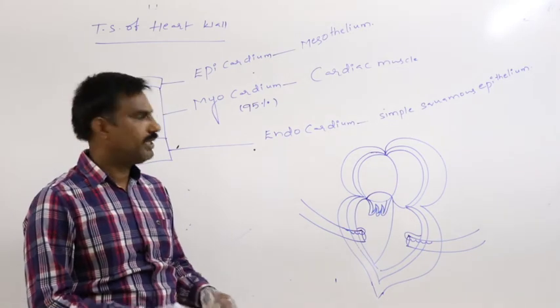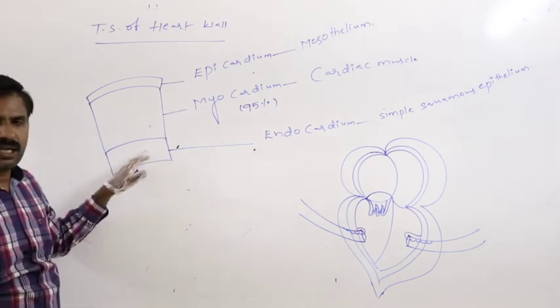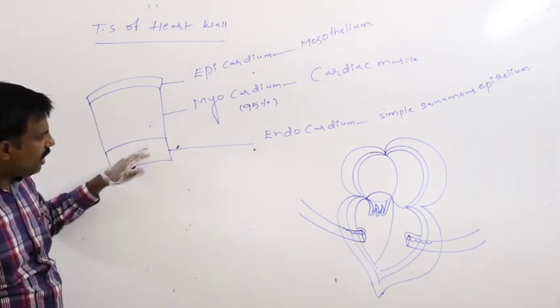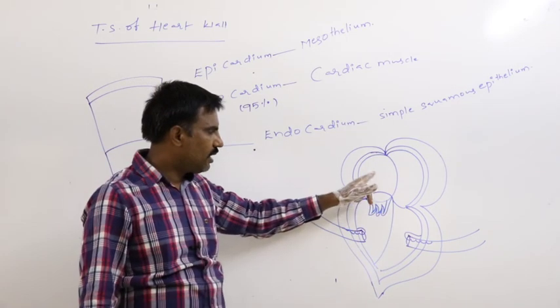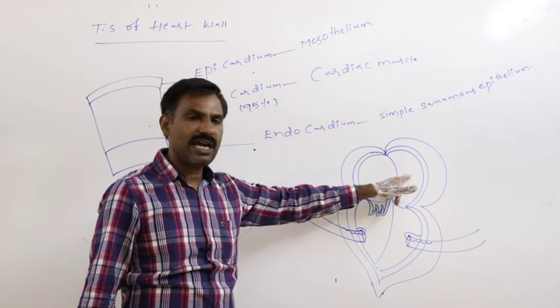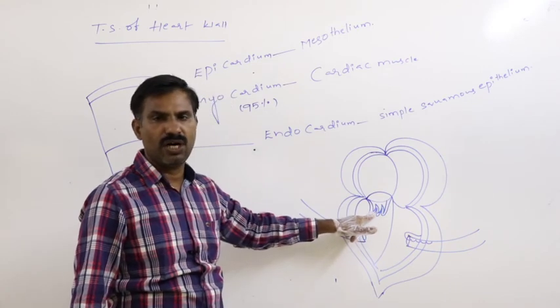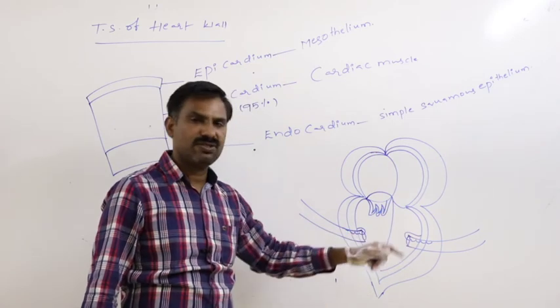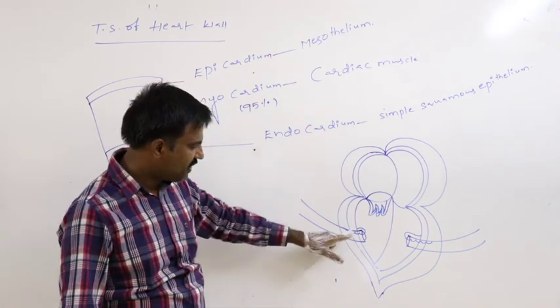What I am saying here is that endothelium is the inner layer of the heart wall. Endocardium is the inner layer of the heart wall that not only covers cavities of heart chambers but also covers the valves, and extends into the big sized blood vessels which open into the heart as endothelium.